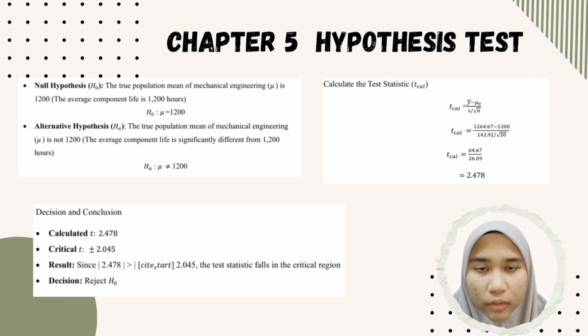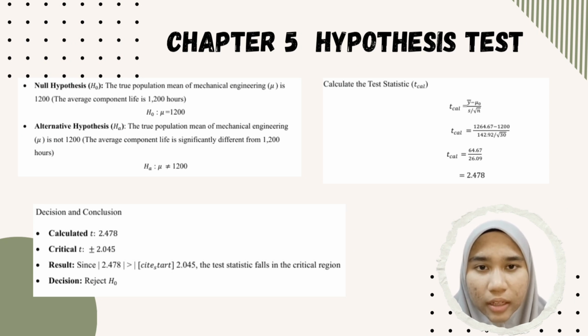Since the absolute value of our calculated t, 2.478, is greater than the critical value 2.045, the statistic falls into the rejection region, the critical region. Therefore, our decision is to reject the null hypothesis.